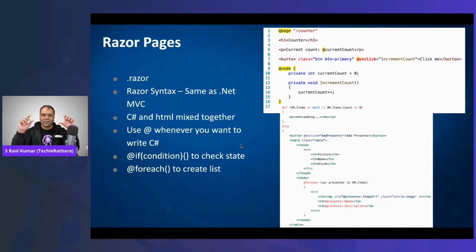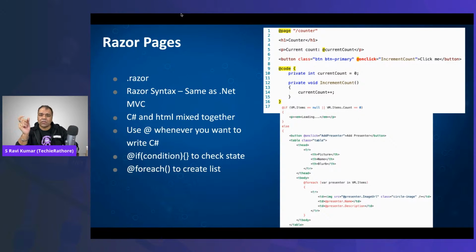So Blazor, as I said, uses Razor pages. Here there are slight changes in Blazor. When we talk about Razor pages in Blazor, we don't have the .cshtml extension. We have the .razor extension. So all the Blazor pages have .razor as the extension, but the syntax remains the same.